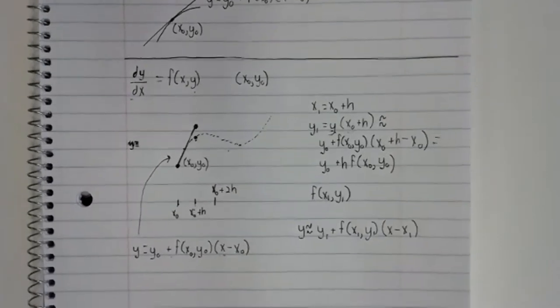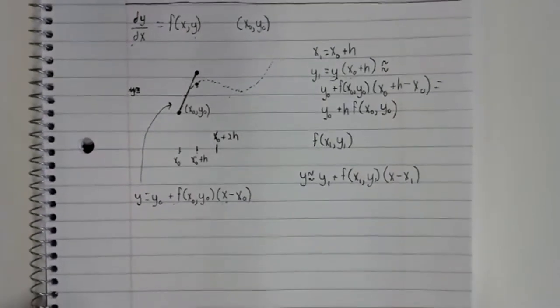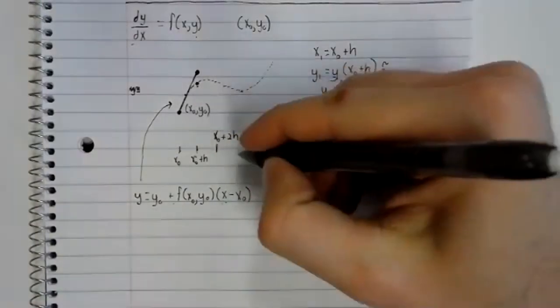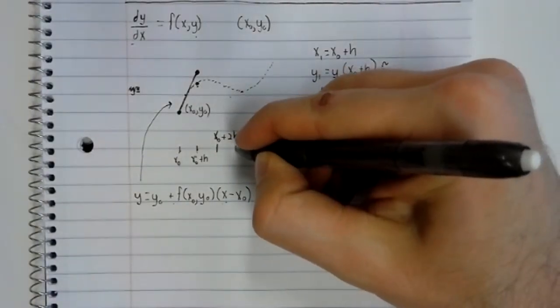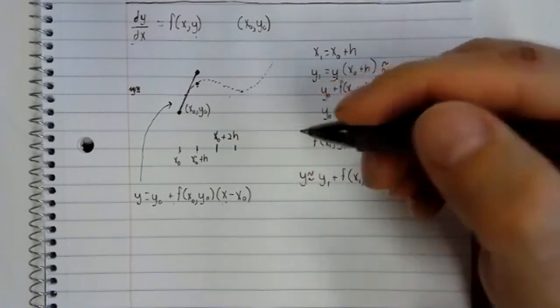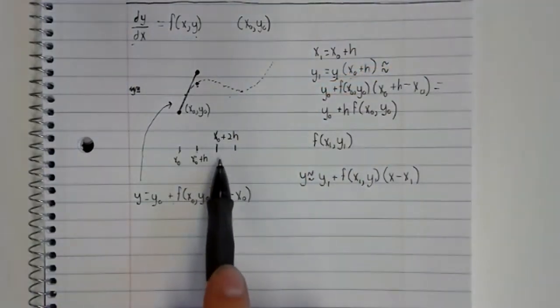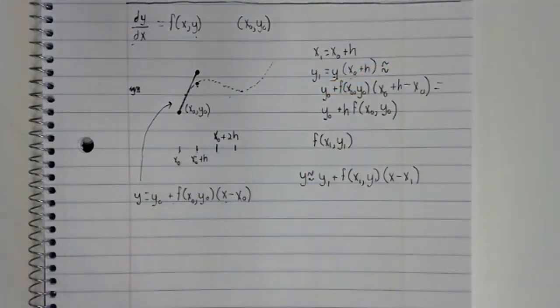And we can repeat that process. So if we wanted to approximate on a third interval, we could do so.